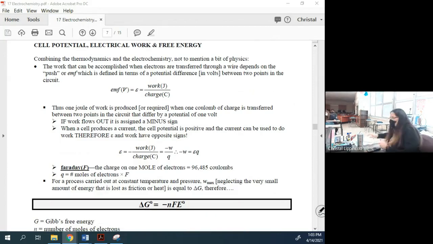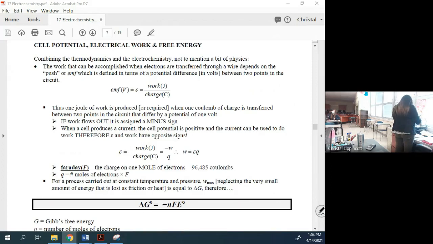We can't see your board. Are we in? Which page of the packet are we in? Help him out, please. Packet on page like 6 or 7.